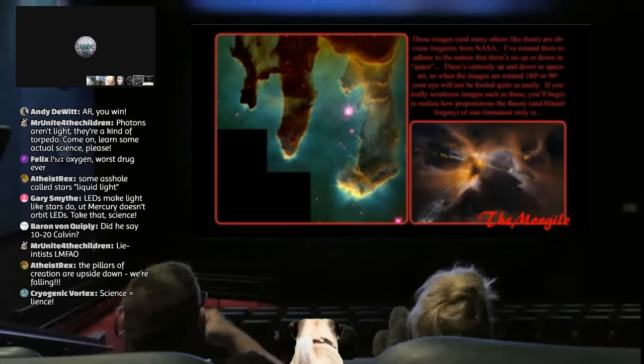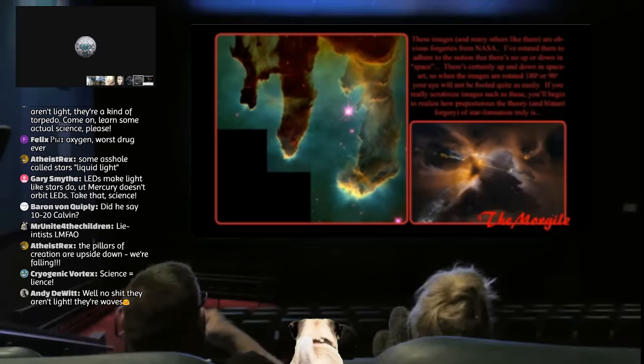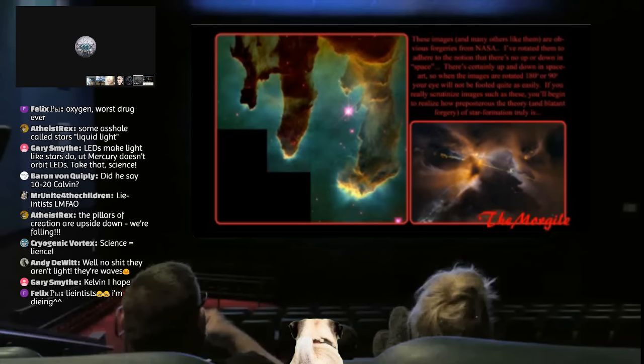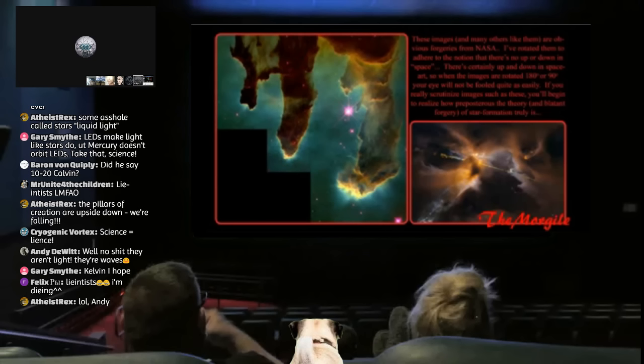There does seem to be an awful lot of it, though. All right, here we go. Meaning that the atoms allegedly bind together. These images, and many others like them, are obvious forgeries from NASA. Now, I've rotated them to adhere to the notion that there is no up or down in space. There is, however, certainly up and down in space art, so when the images are rotated 180 or 90 degrees, your eye will not be fooled quite as easily.